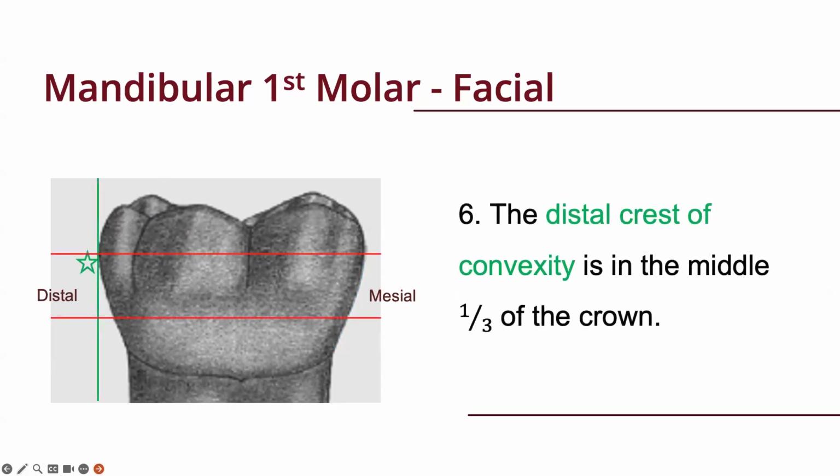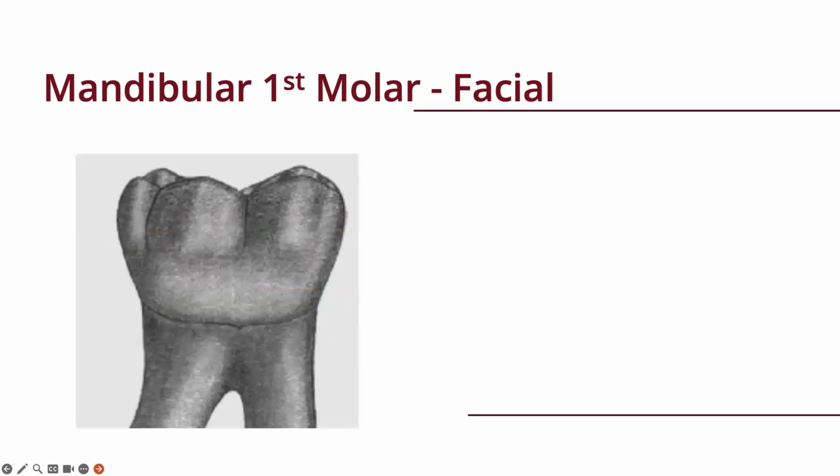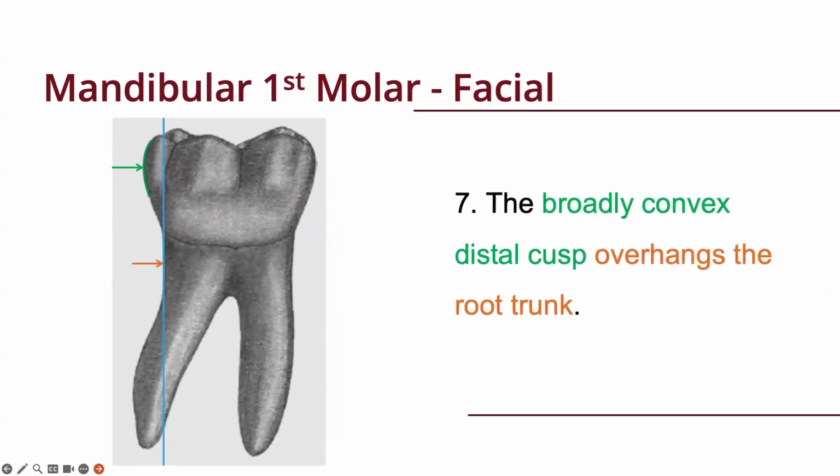The distal crest of convexity is in the middle 1/3 of the crown. The broadly convex distal cusp will overhang the root trunk. Here you can see the blue line in tangent with the root trunk, and the distal cusp is overhanging that line.